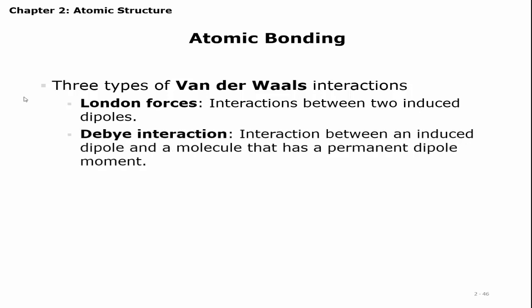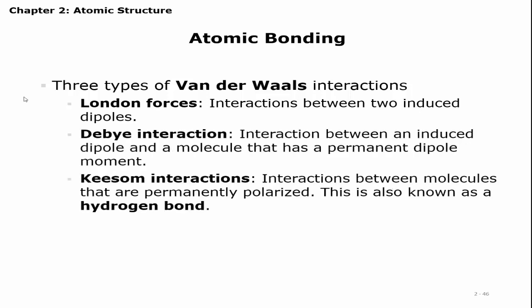We have three types of van der Waals interactions. We have London forces, dipole interaction, and the Keesom interactions. For the London forces, there are interactions between two induced dipoles. For the dipole interaction, it's the interaction between an induced dipole and a molecule that has a permanent dipole moment.